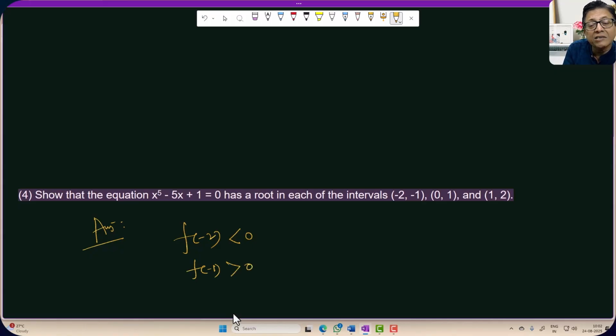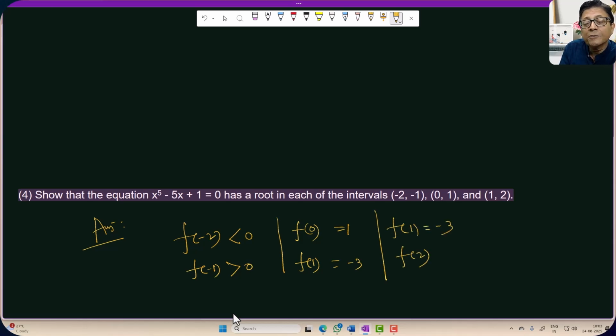This is greater than 0. f0 is 1, and f of 1 is 1 minus 5 plus 1, minus 3. Let us find f2: 32 minus 10 is 22, plus 1, 23.